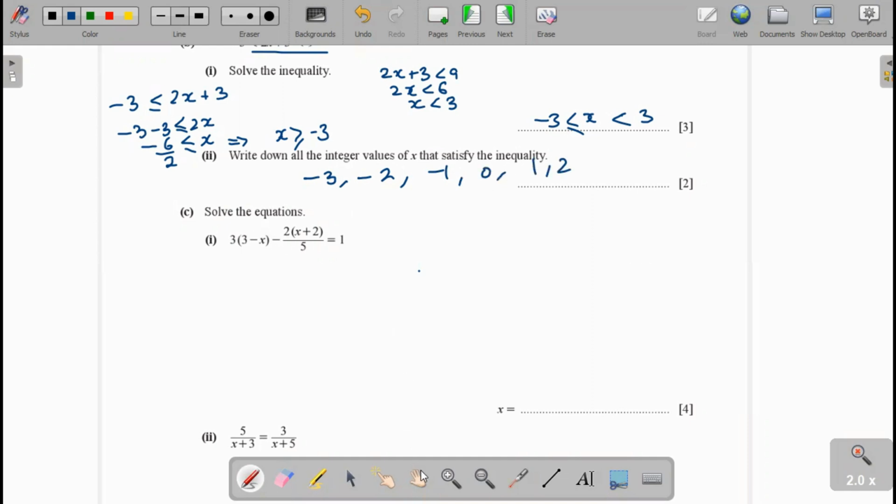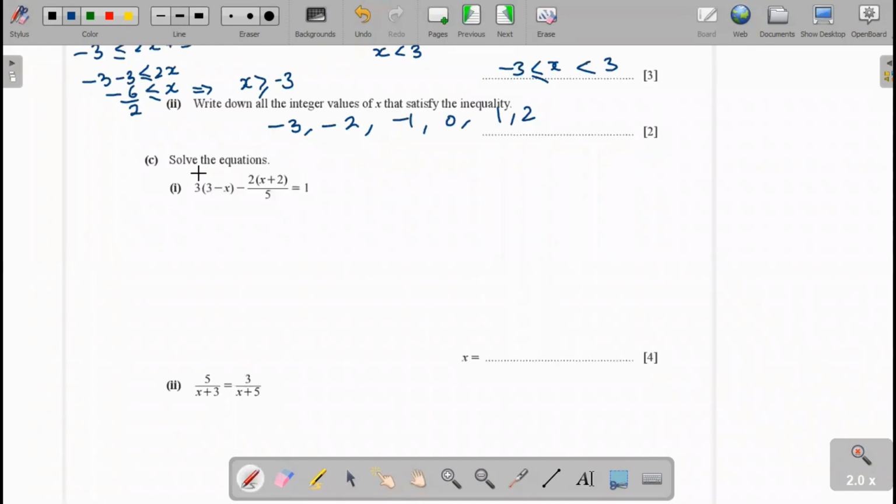Now part C. Solve the equation 3 times (3 minus x) minus (2x plus 2) over 5 equals 1. Now we can write it as 3 times 3 is 9 and 3 times x is minus 3x, that's equal to minus (2x plus 4) over 5 equal to 1. Now we shift the fraction from left to right side.